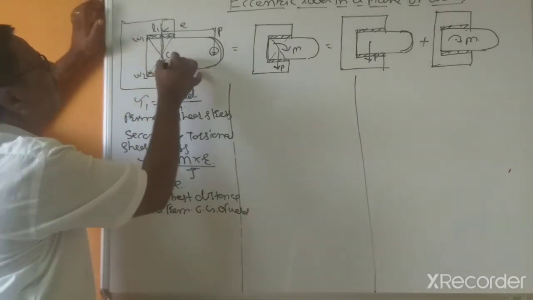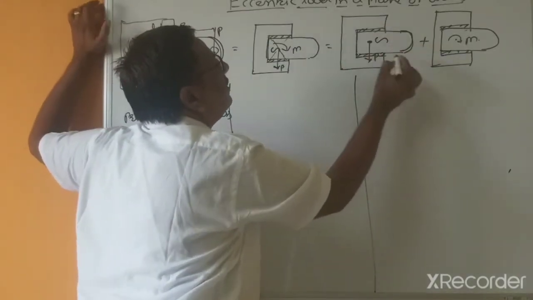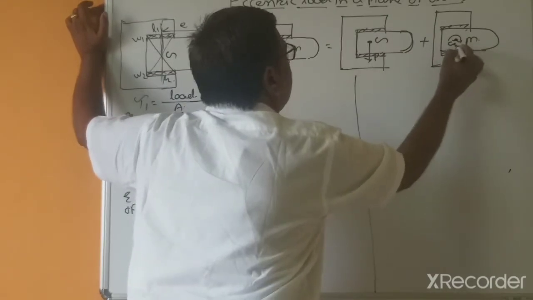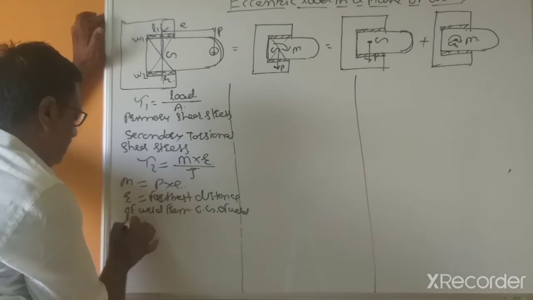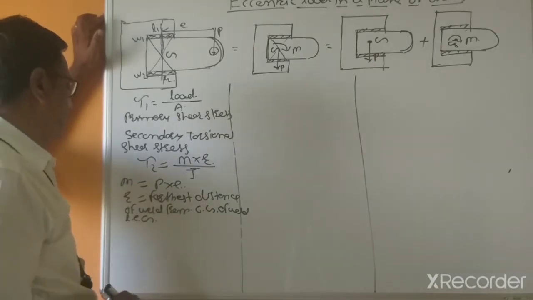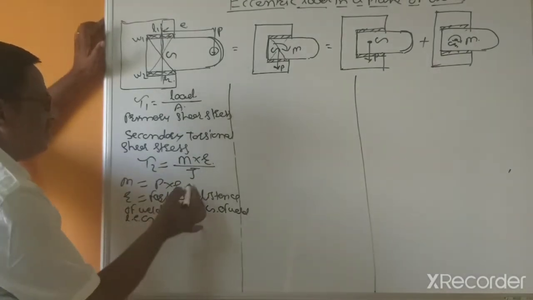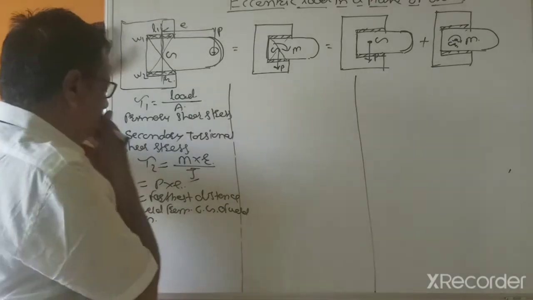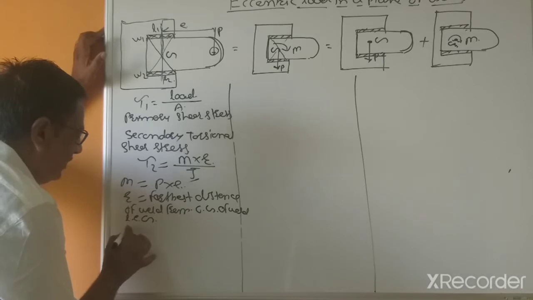Suppose this is G, you can consider this is capital G, that is from G. Now J is the polar moment of inertia.